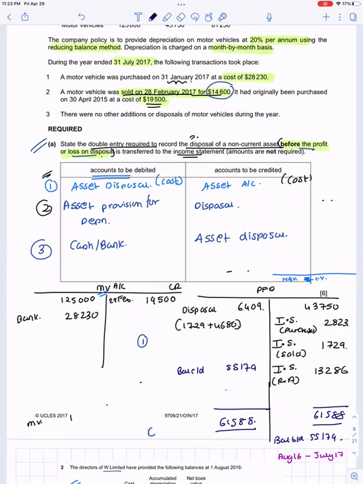What would be the effect on profit? Because I purchased this motor vehicle, I had to charge depreciation of 2823. Yes or no?